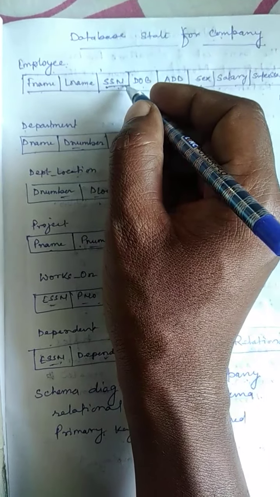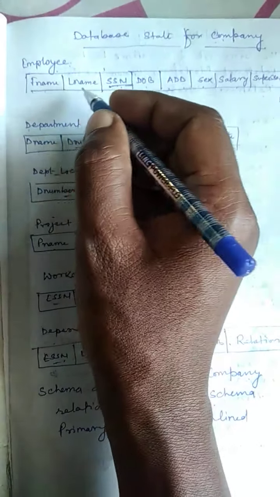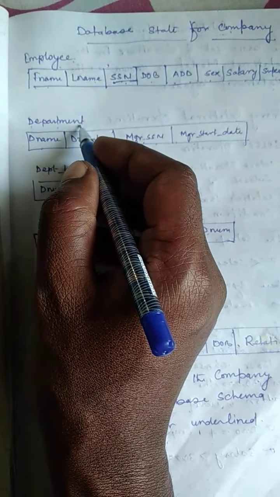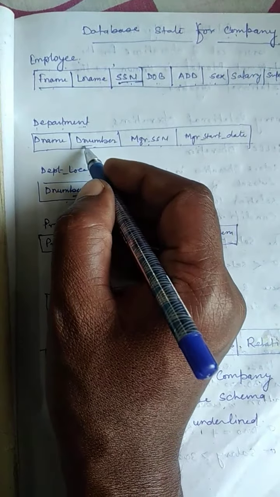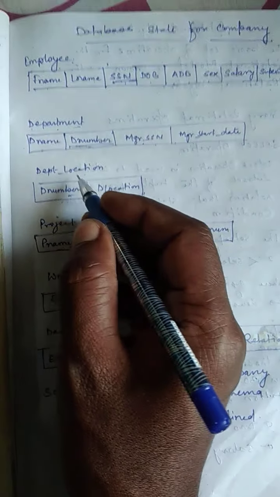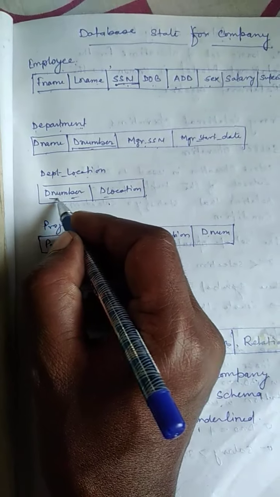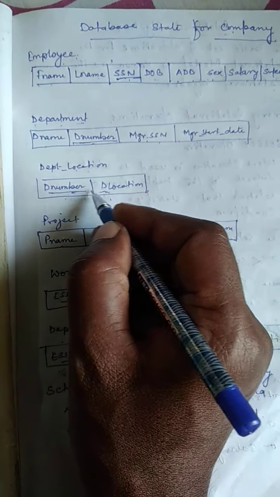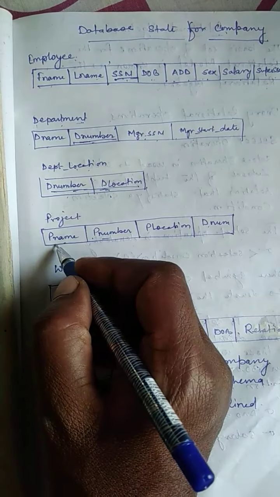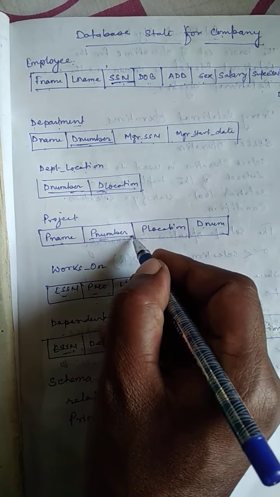You can see in the employee table, and in the department table, D number is the primary key, underlined. In department location, department number and D location are both keys. In project, the project number is the primary key.